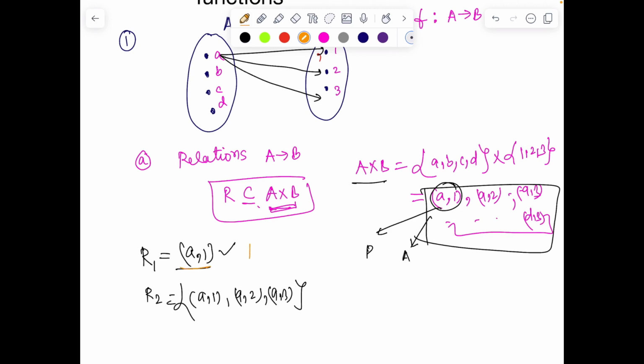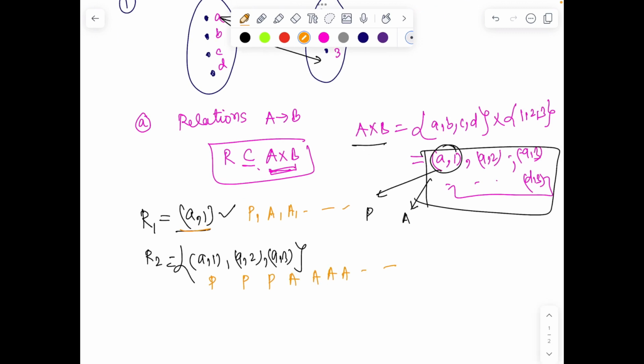Right? So we can basically decode it. I can say A, 1 is present and the rest all is absent. This is the coding. For R2, A, 1 is present, A, 2 is present, A, 3 is present, the rest all is absent. Okay. So basically how many strings of present and absent for 12 objects can be made?